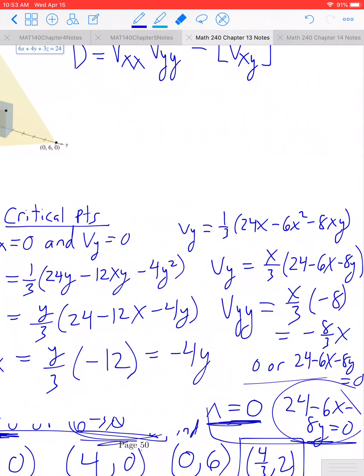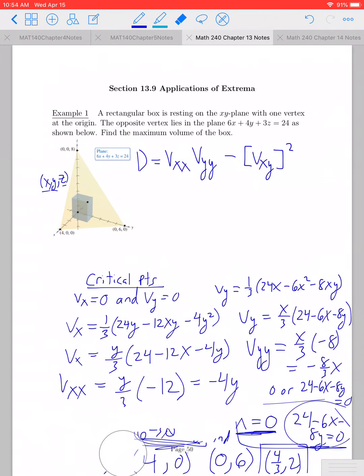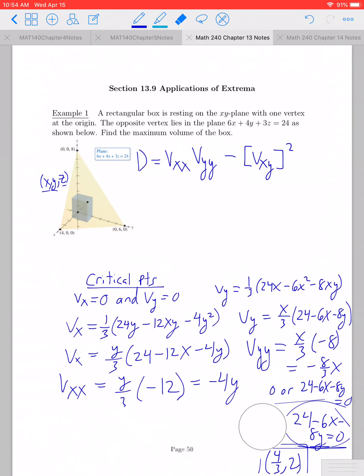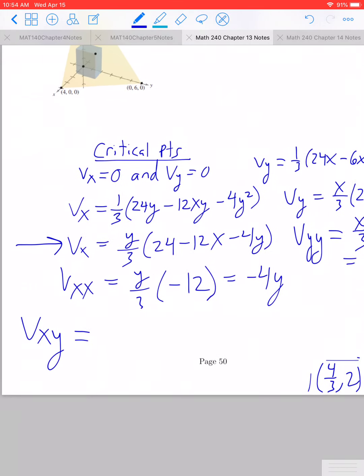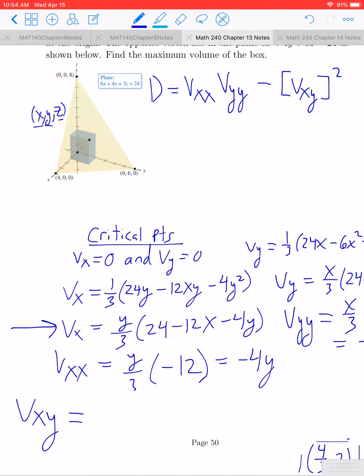And then we need the mixed partial. So if I go back to the partial with respect to x, and take the partial of it with respect to y, I'm taking this one here. It would be more convenient if I distribute the y over 3 first, so I don't have to get caught up in using a product rule.